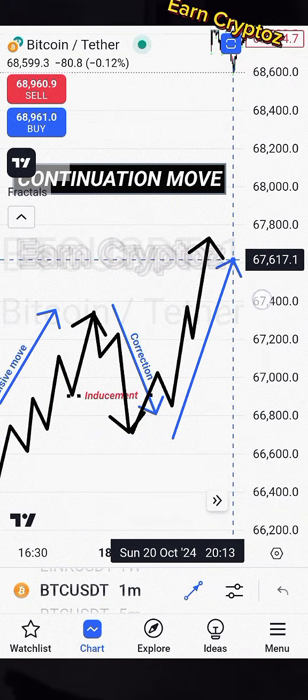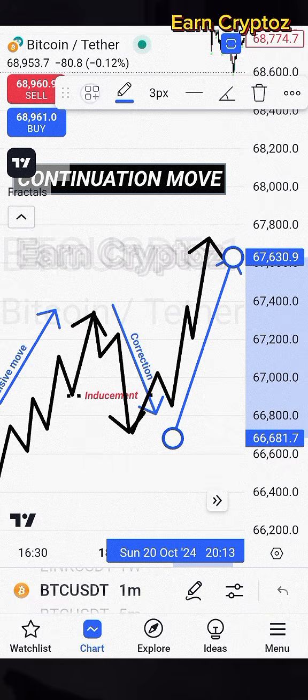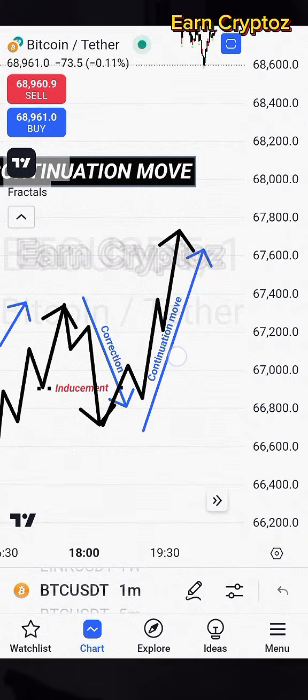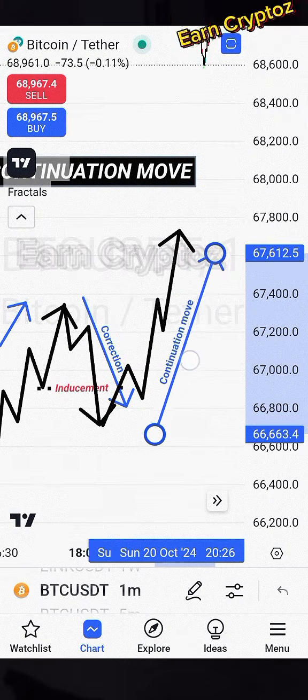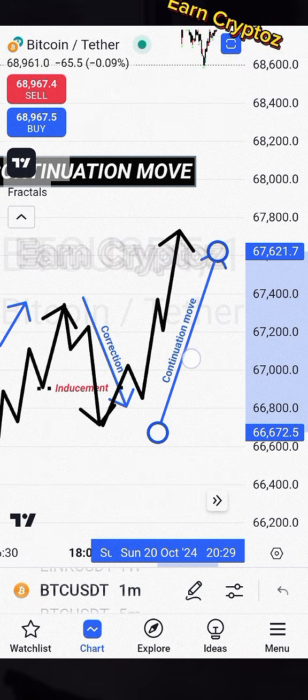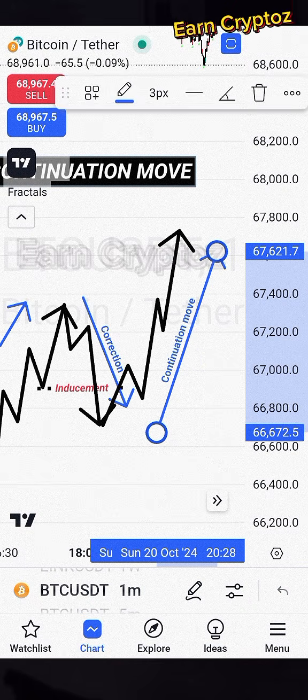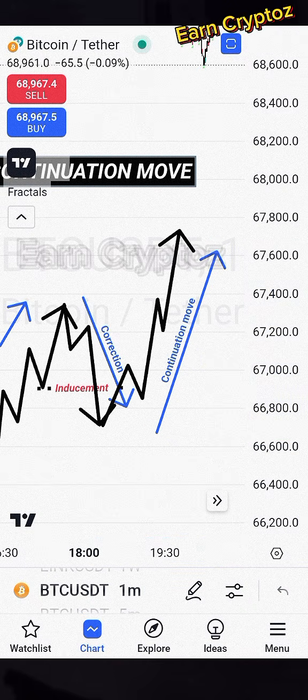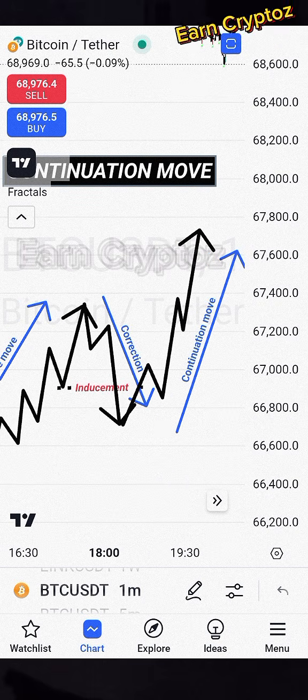It's also an impulsive move, but this time starting from the correction and breaking above the first impulsive move. So this is our continuation move. Feel free to watch this video again and get this idea clearly, because it will greatly increase your chance of success in the market.